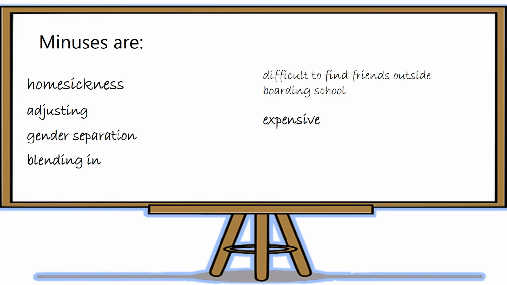Disadvantages are homesickness, adjusting, gender separation, blending in, difficult to find friends outside boarding school, and expensive. If you have any unfamiliar words on these boards, please look them up in your dictionary.